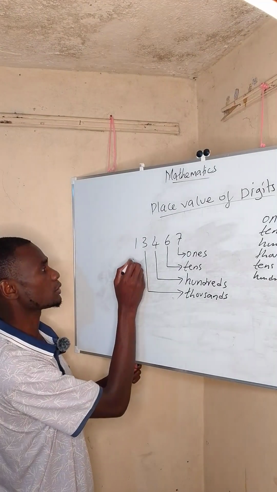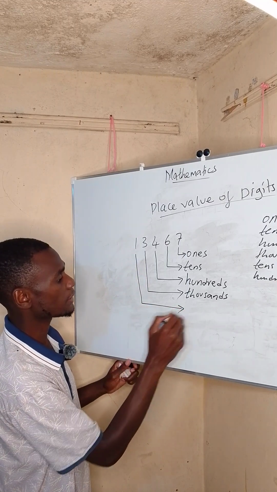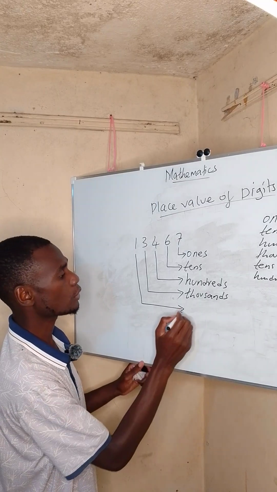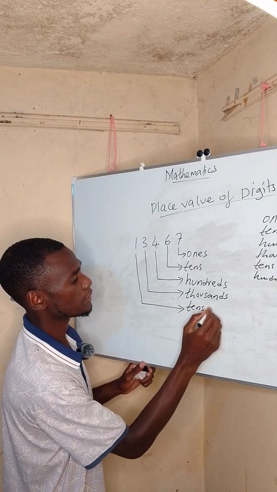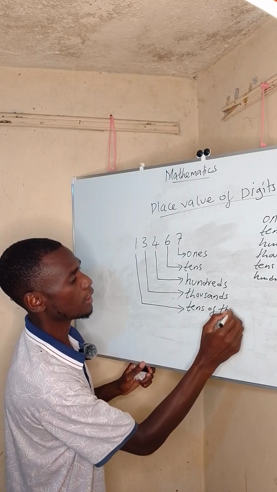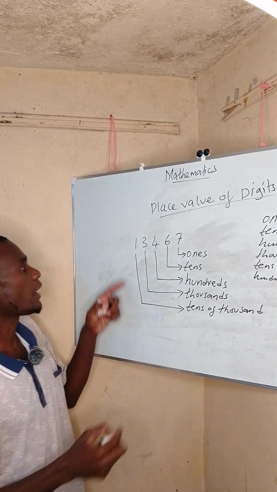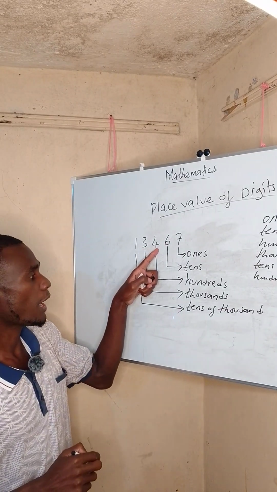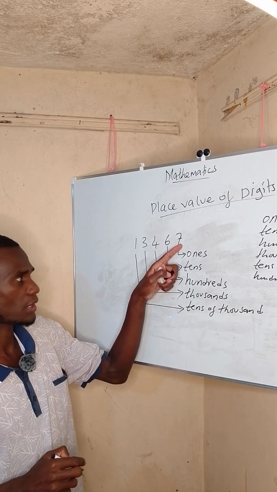Then, according to this number that I wrote here, this is the last digit, and it is in the place value of tens of thousands. That is why this number is read as 13,467.